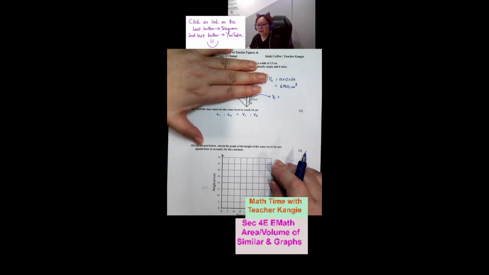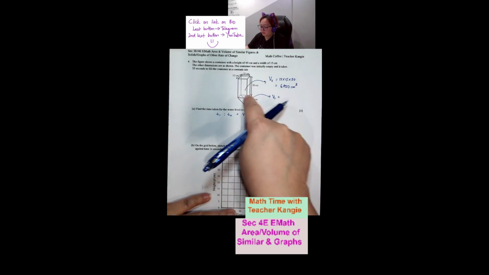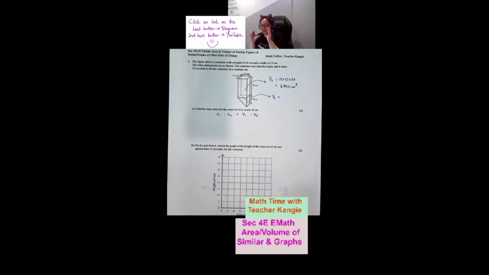You cover the cuboid, and then just look at the bottom solid standing alone. Ask yourself, what solid is that? What solid is the bottom one? It has a uniform cross-sectional area. So what shape, what solid is the bottom one?